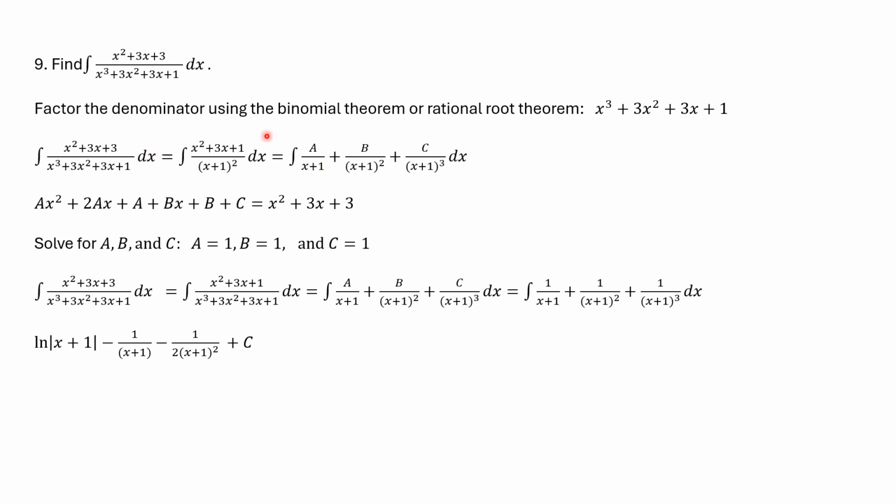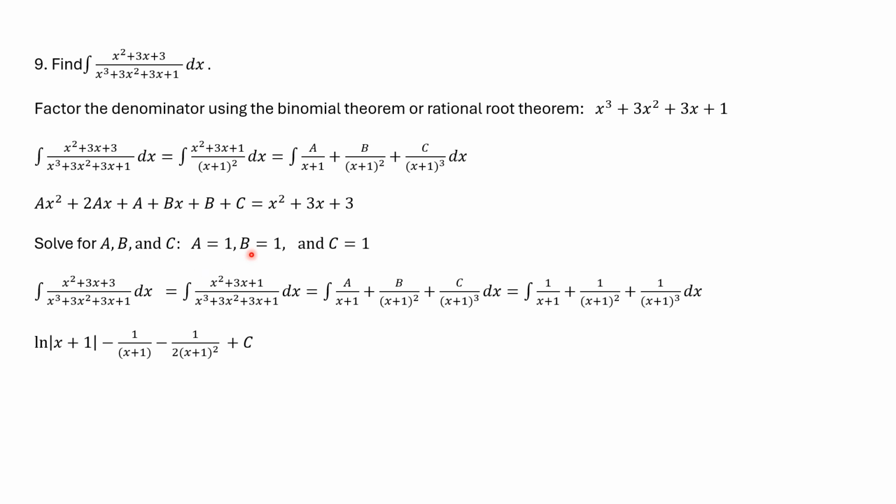Because if we use the binomial theorem or the rational root theorem, we recognize that this is the expansion of (x plus 1) cubed. So we get a over (x plus 1), b over (x plus 1) squared, and c over (x plus 1) cubed.